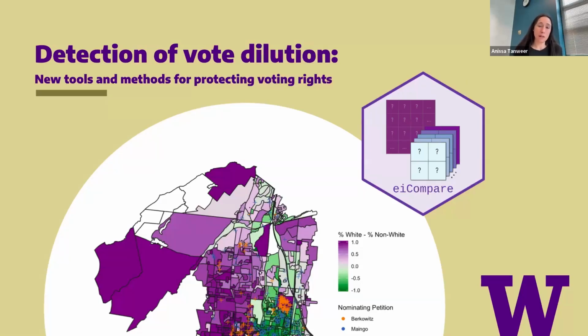We were working with a team of researchers who already had an existing R package called EI Compare that was used to detect vote dilution in minority communities and was being used in court cases litigating alleged violations of the Voting Rights Act. What our students were doing was adding functionality and polish, and building out a series of vignettes and documentation to make that statistical package more useful to stakeholders who might be interested in using it.